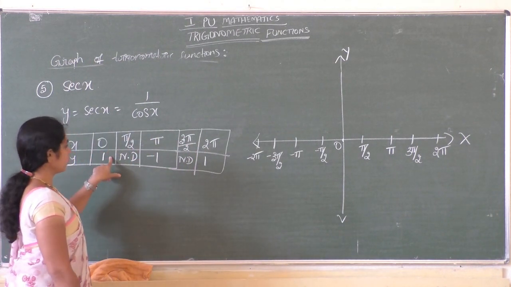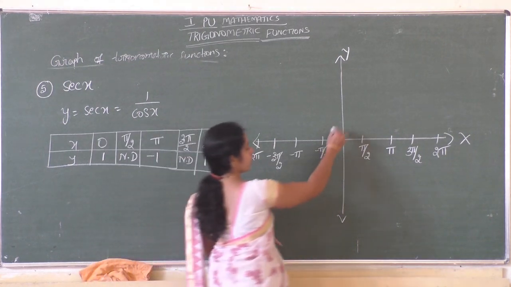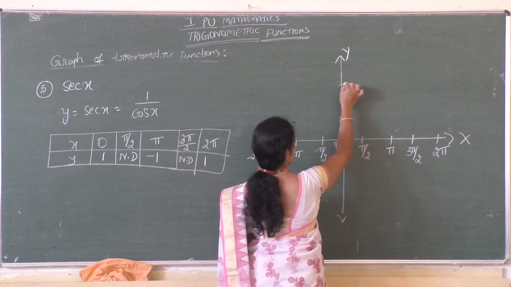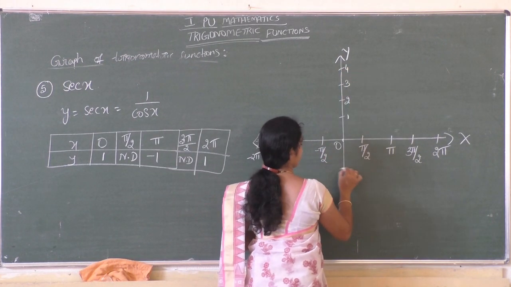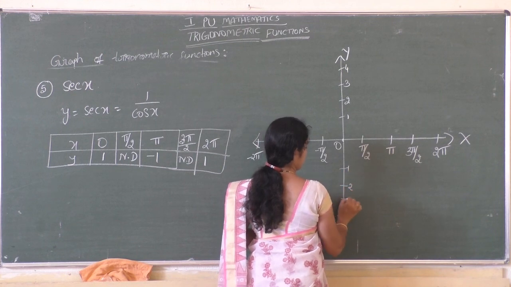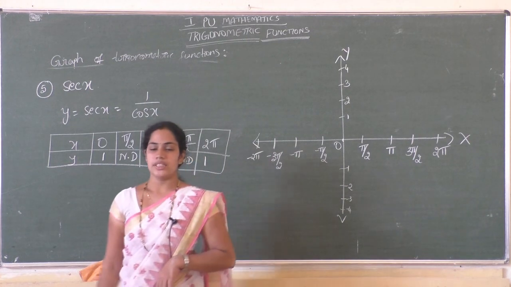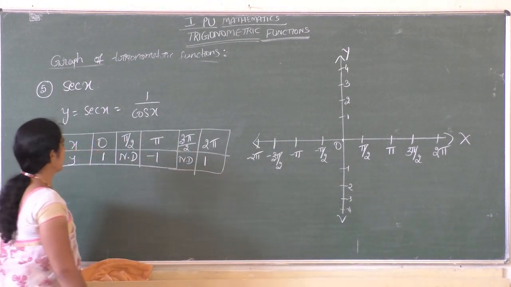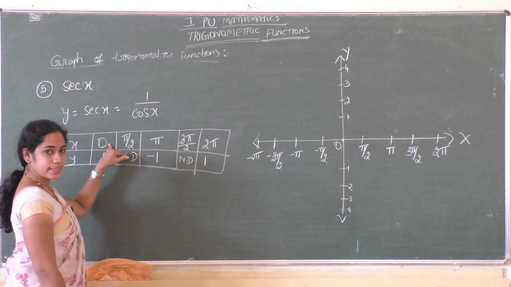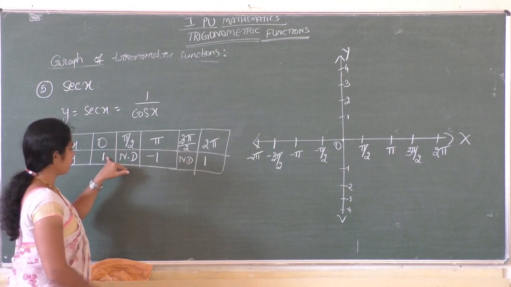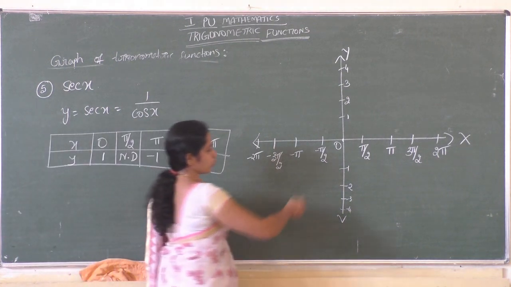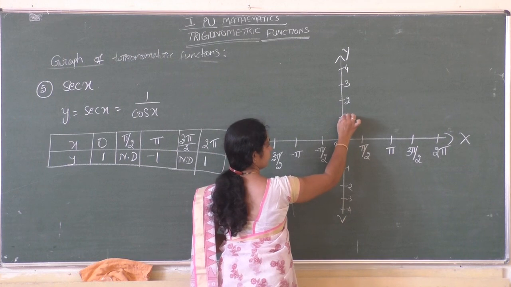For y, here we can take real values 1, 2, 3, 4, minus 1, minus 2, minus 3, minus 4, and so on. If x is 0, what is the value of y? If x is 0, y value is 1.